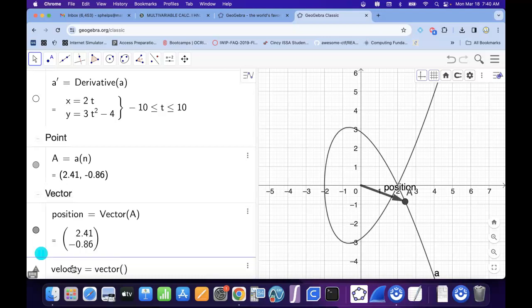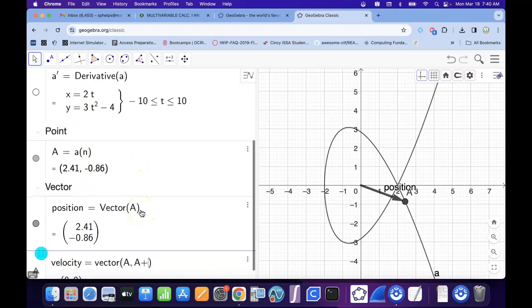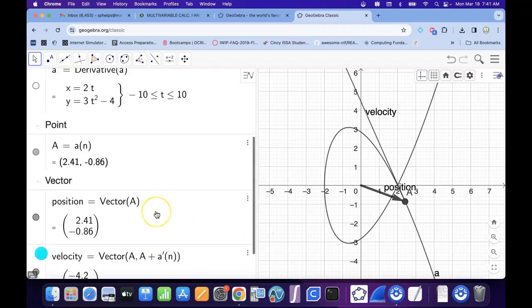and I want the vector to start at point A. So it's going to go from A, and then it's going to go from A plus a little bit. So I want it to kind of go in this direction. Actually, I think I can probably just do this: A prime of n. Oh, and there's my velocity vector.